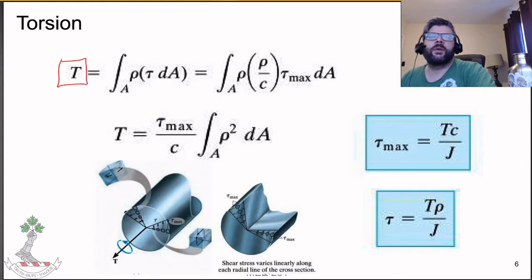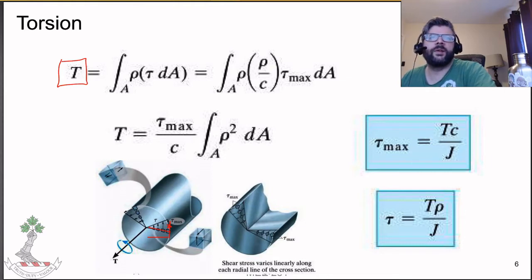As a result of that, we can also figure out what's going on with the torque. If we have the stress varying linearly as it increases outwards, then the force on those little cubes varies linearly as well. Each of those little cubes has a certain amount of shear stress, and that shear stress is acting perpendicular to the vector from the center to the point we're looking at, so it is causing a moment about the centroid.